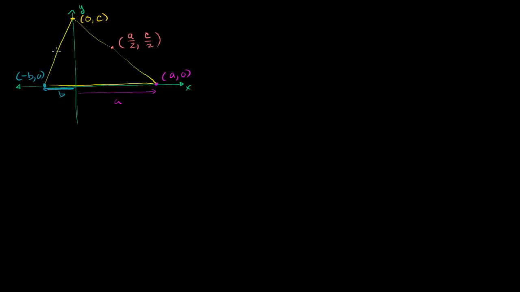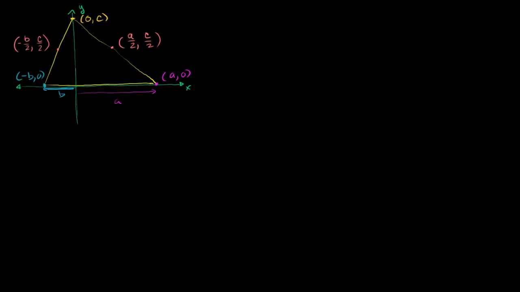Let's do the same thing over here. The midpoint of this side is negative b plus 0 over 2, so it's negative b over 2, and then 0 plus c over 2, so it's c over 2.